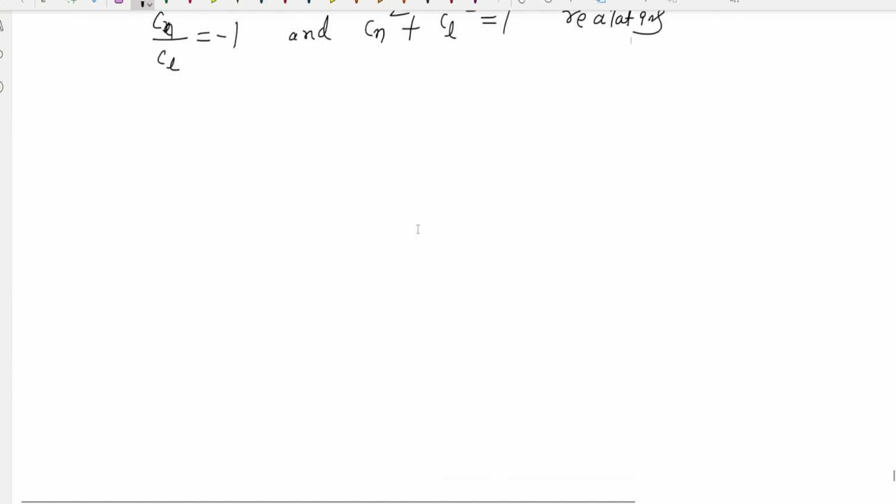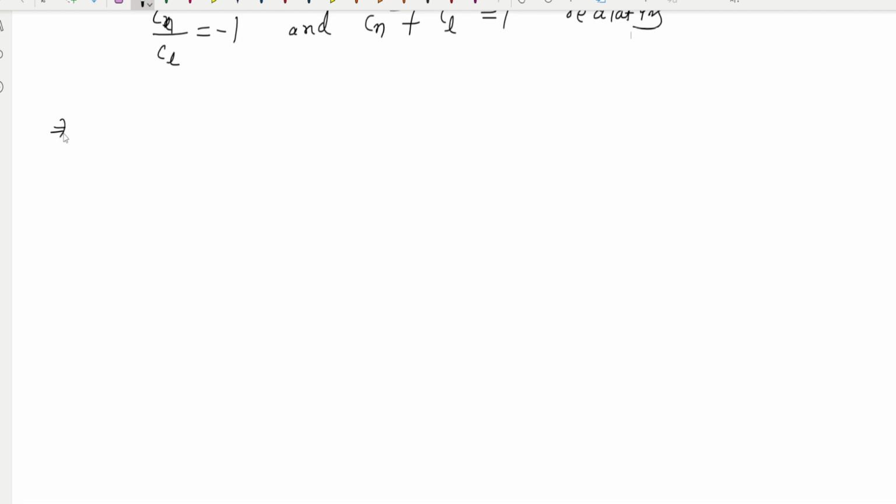Okay. So for example, if we take Cn equal to minus Cl, then Cn square plus Cn square equal to 1, then you can get Cn equal to 1 divided by root 2, Cl equal to minus 1 divided by root 2.